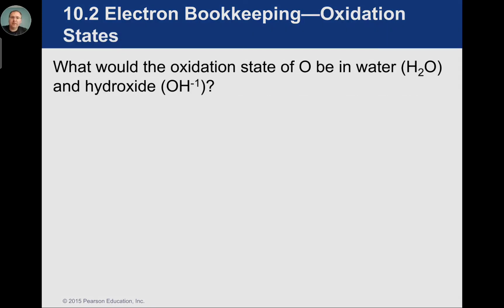So as you look at the oxidation state of oxygen in water, we kind of did that just a moment ago. We have 2 H's and an O. When we do that, we have to remember that based on our rules, hydrogen is a plus 1, and there's 2 of them, so that's a plus 2 total. And then oxygen is a negative 2 total.